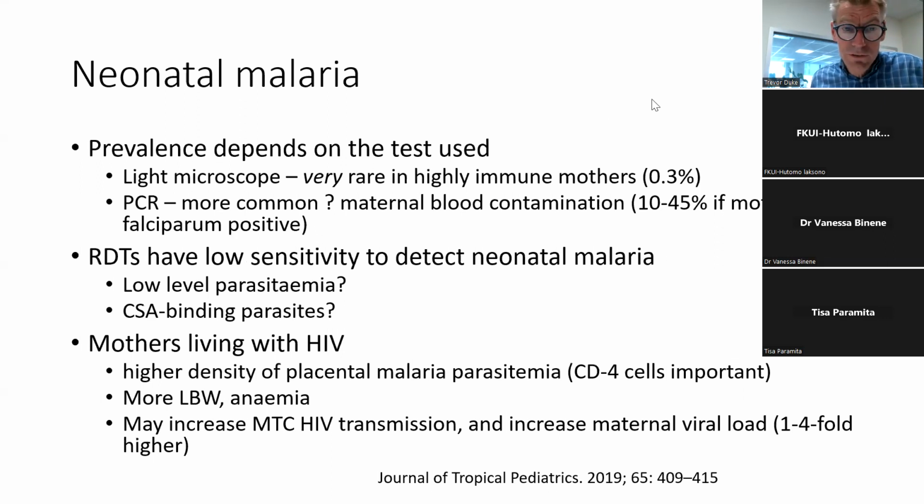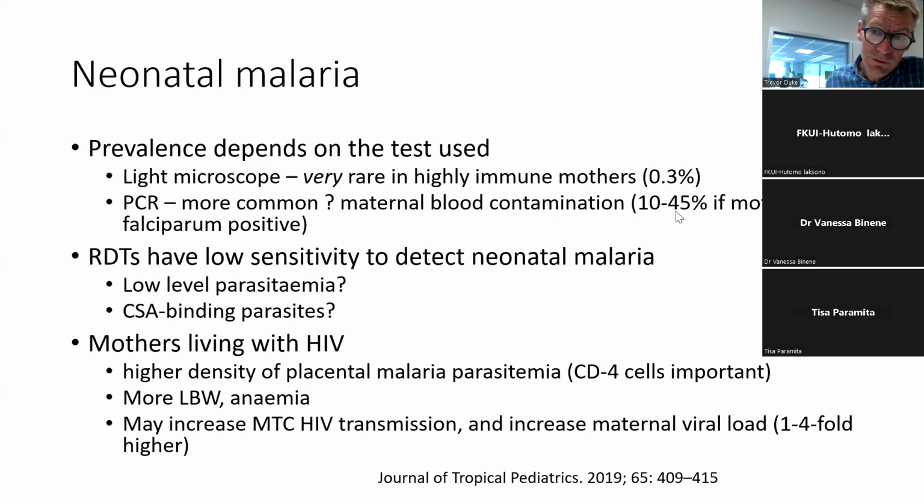In some ways, the prevalence depends on how you make the diagnosis, and this is important because in the past, we always made the diagnosis with just a light microscope, just looking at a blood film of the baby. And it's very rare in highly immune mothers. But when you do a PCR test on cord blood or on the baby's blood, then the PCR is a bit more likely to be positive if the mother is malaria positive, P. falciparum positive.